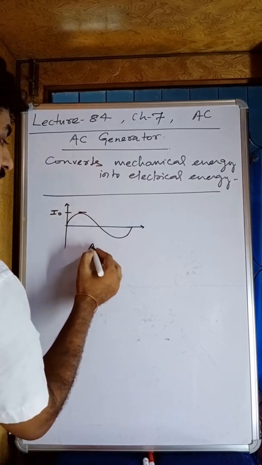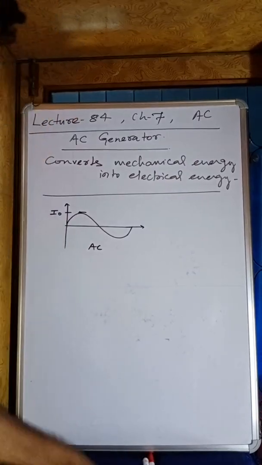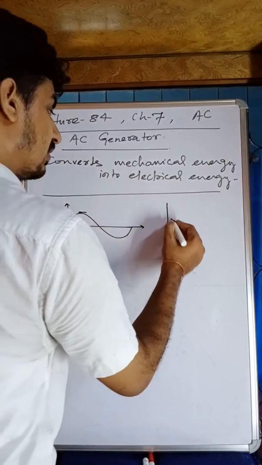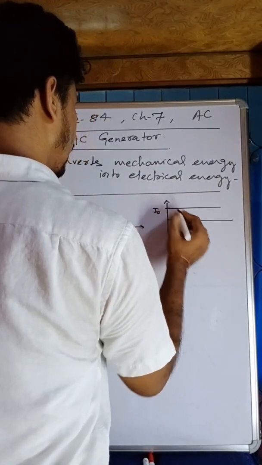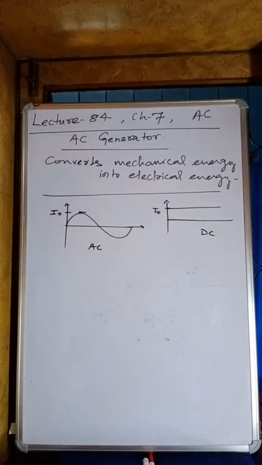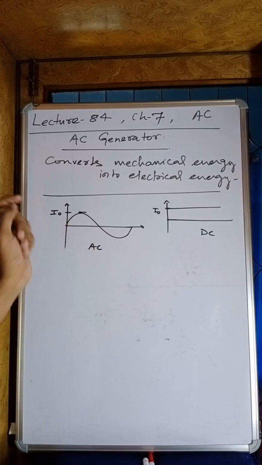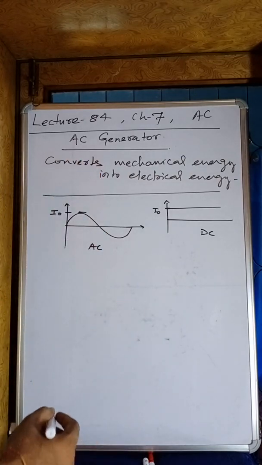We have discussed in the electromagnetic induction chapter that AC is not received continuously, but in DC, it is received continuously. This peak value, suppose it is I naught, in a DC circuit is received continuously. But here in an AC circuit, we get this peak value for a very small time interval. At T by 4, we get the maximum value.